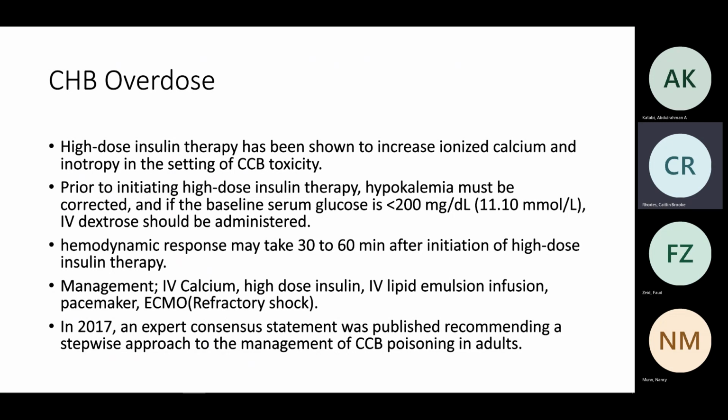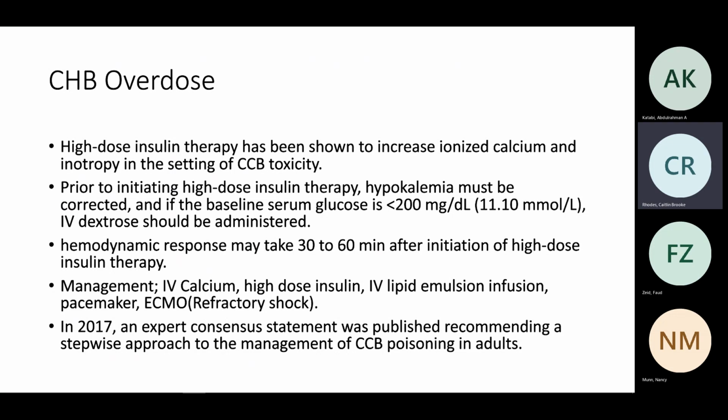But before that, in beta blocker overdose, your first thing is glucagon. In calcium channel blocker, you start with IV calcium. Better to give IV calcium chloride because it's very concentrated, but you have to have a central line for that. If not, then you do IV calcium gluconate, but you require more doses.